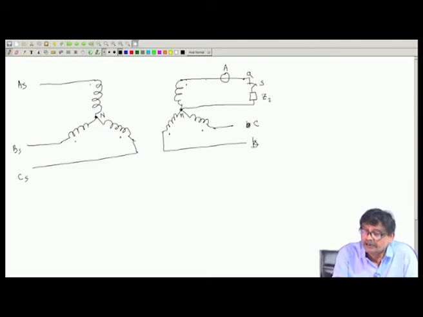So, suppose some current flows here, but this current, so far as this transformer is concerned, will have a reflected current here, and this reflected current has to flow through the other windings whose secondary is not carrying any current. Therefore, MMF balance will be disturbed.